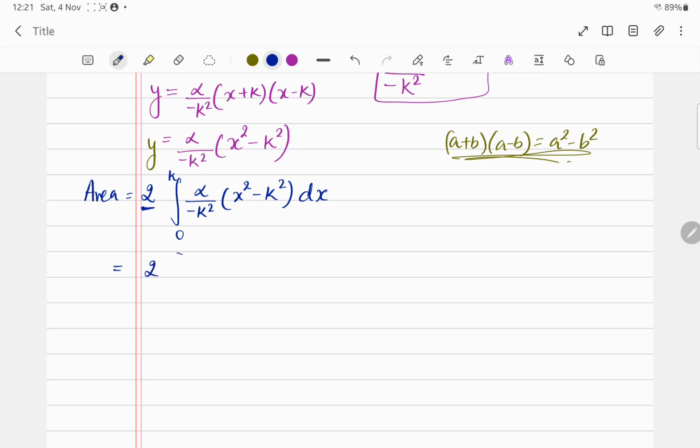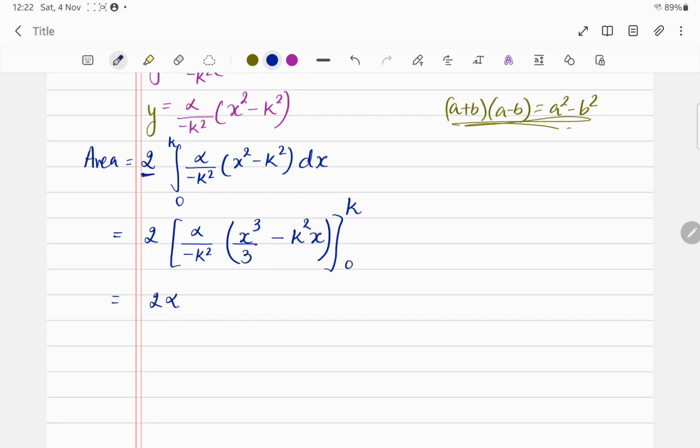Now when we integrate, alpha and minus k squared stay as they are because they're constants. X squared integrates to x cubed over 3, and minus k squared stays and becomes k squared x, from 0 to k.